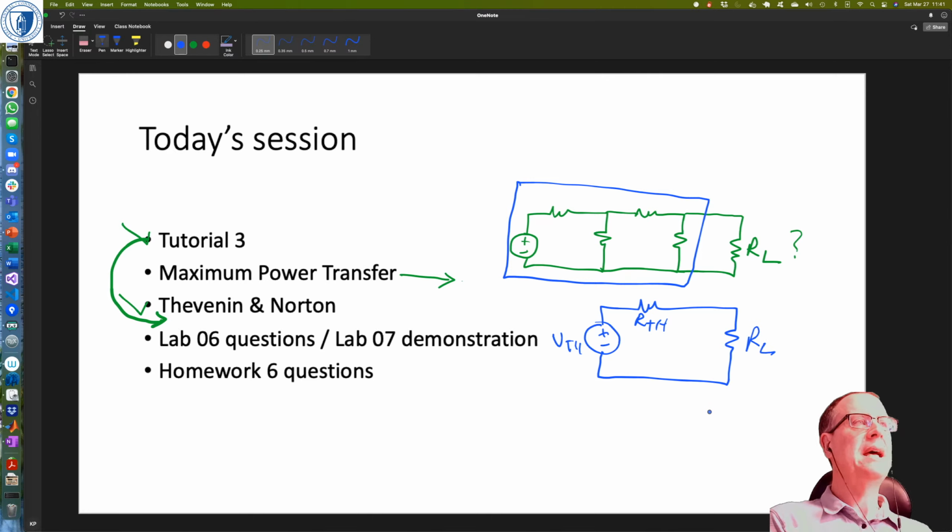And the maximum power transfer theorem says that I transfer maximum power when the load impedance matches the impedance of the rest of the circuit.